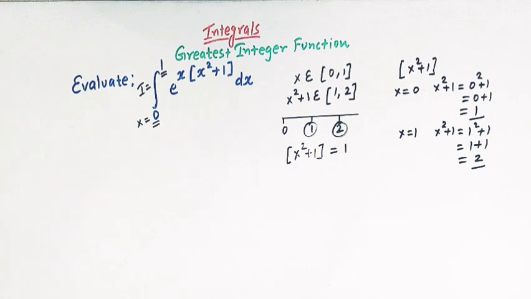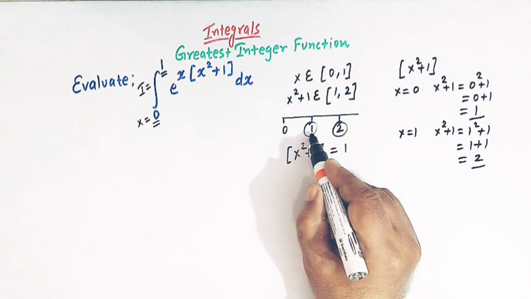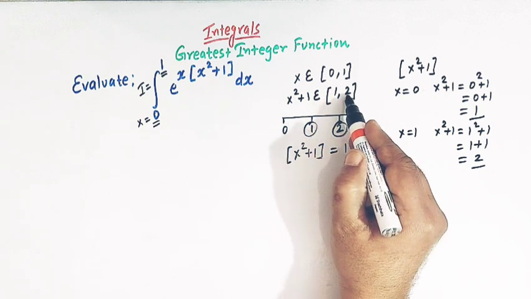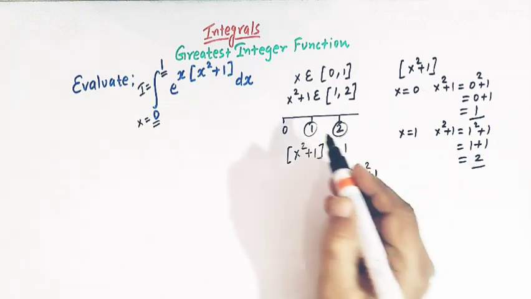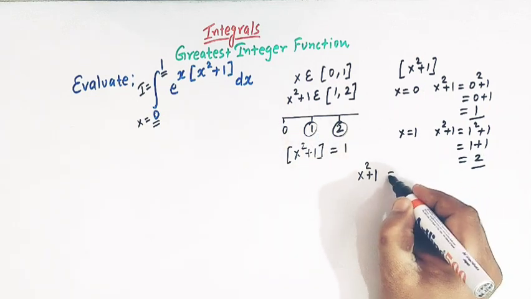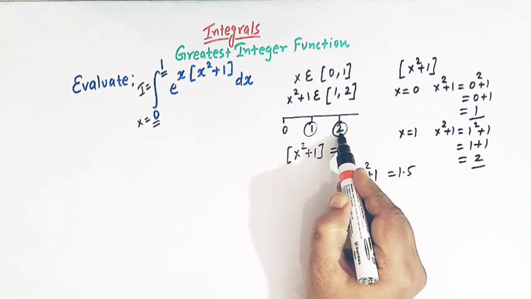Since x square plus 1 belongs to the interval 1 comma 2, it may have a value, say 1.5, because here we have 1 and here we have 2.